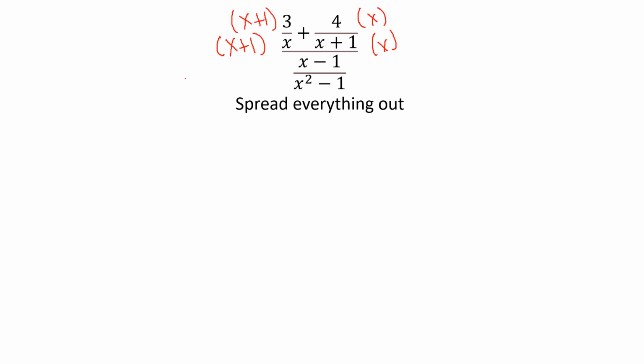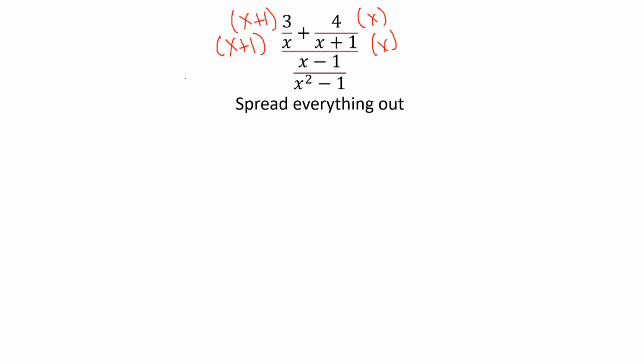So remember a long time ago if we had like 1/7 plus 1/12 and none of us knew what 7 and 12 could both become, we would just multiply them by each other. That's the same idea here. We're going to just simply multiply by the opposite denominator.